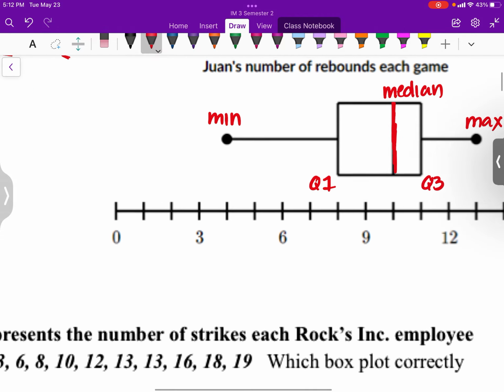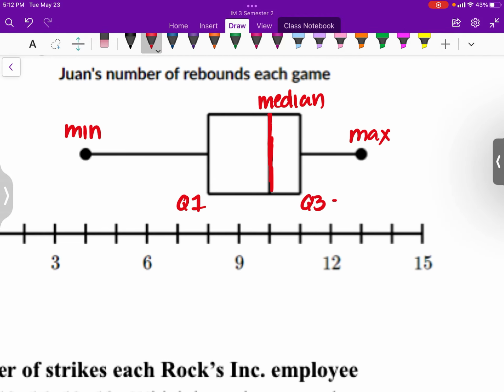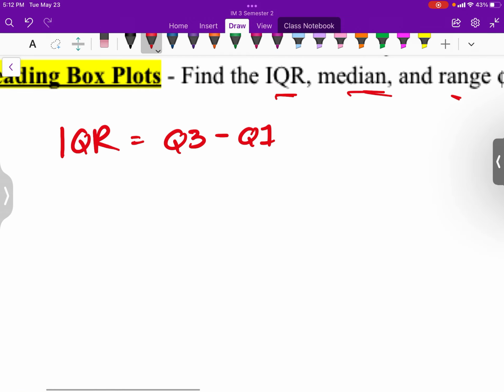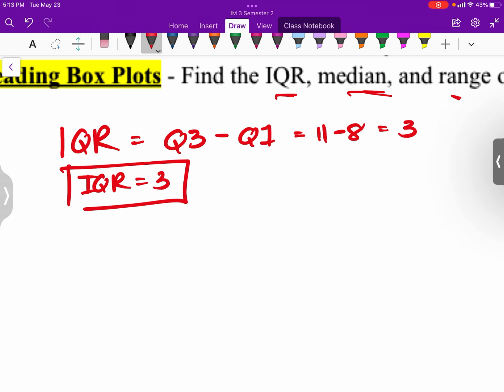So let's identify our Q3. Q3 is equal to 11, and Q1 is equal to 8. So the IQR would be 11 minus 8, which is 3. So IQR is equal to 3.